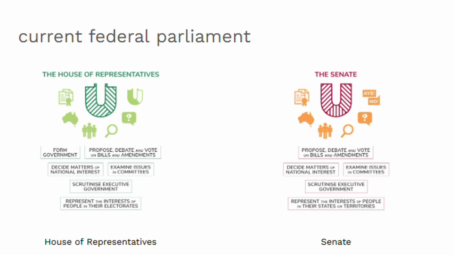And because the Senate is elected every 6 years, they represent a much more stable view of what people's values and policies are. So they can change or amend things and examine issues in committees. They really have a scrutinizing role of the government of the day.